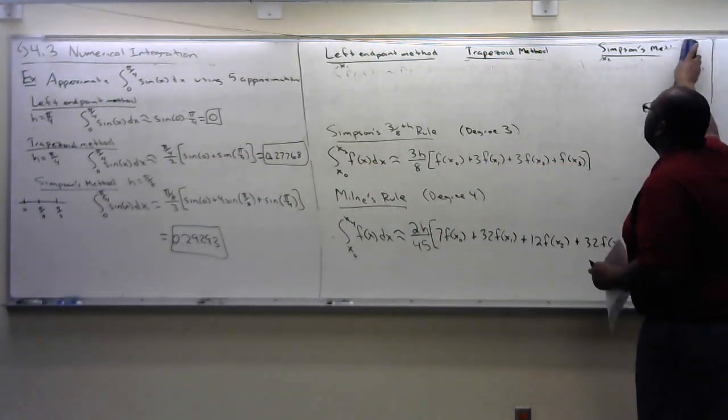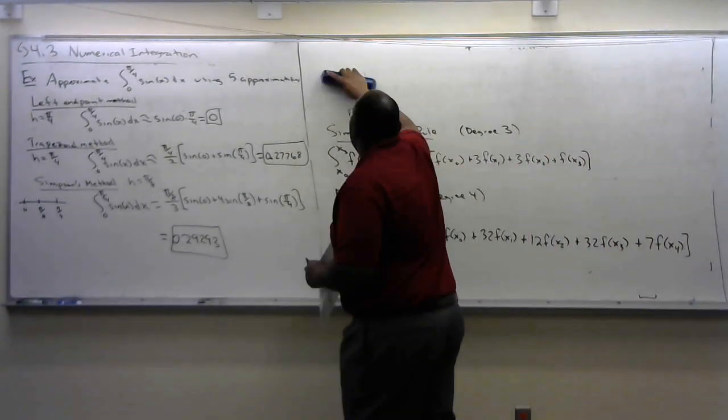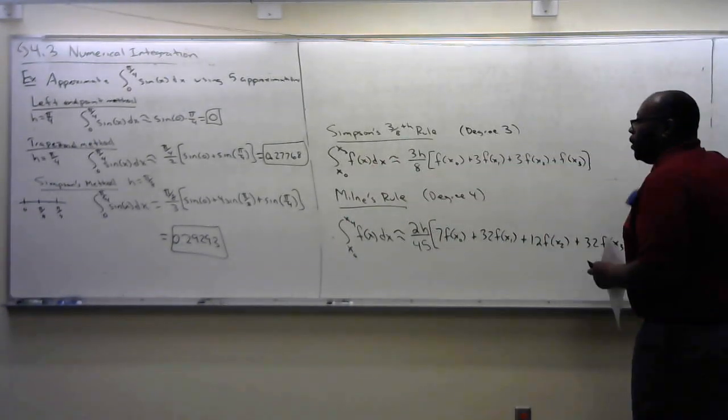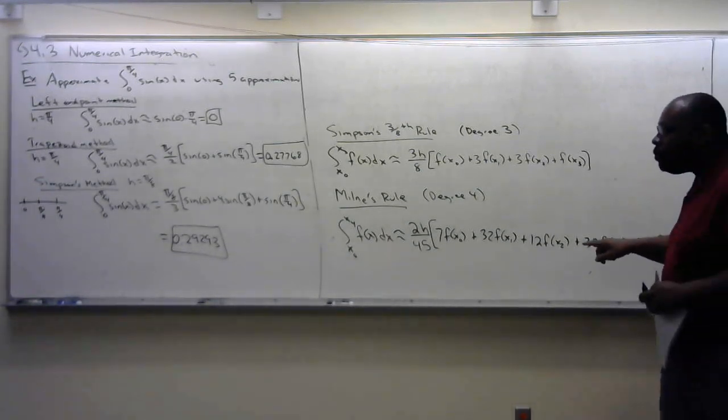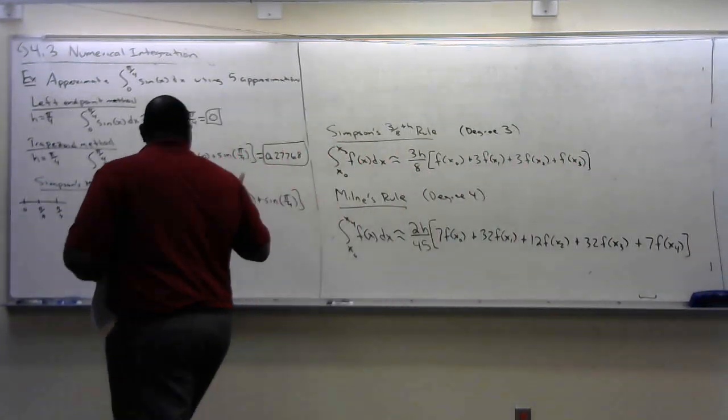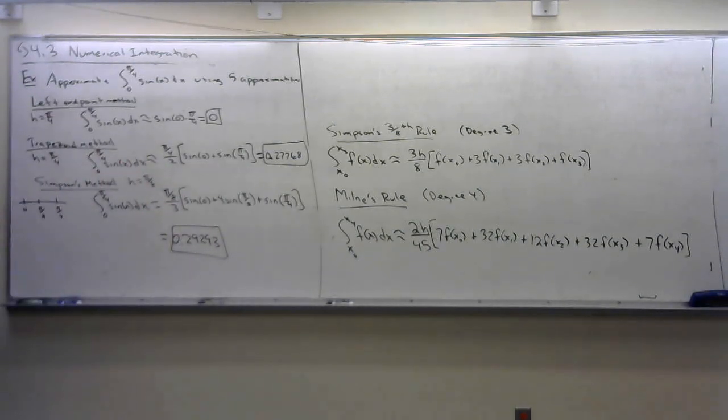Let's put it up here. Now, how many pieces do I have to split this one up into? When I do Simpson's 3/8 rule, I have to split it up into 3 pieces. Here I essentially divided the interval by 2 to get the pi over 8. So I need to divide it by 3.